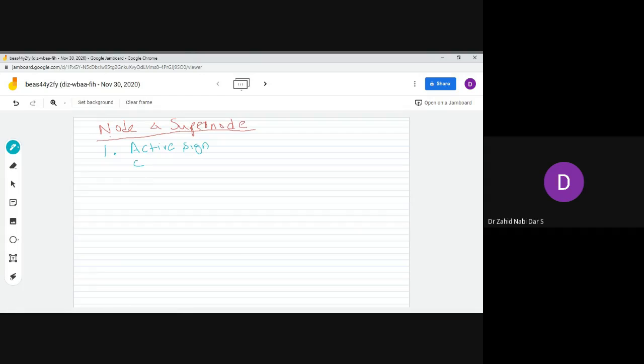This active sign convention, as the name suggests, is used with energy storage elements like batteries and flashlights. Those are the elements that essentially release energy. They have their own energy inside, stored in chemical or electrical form.